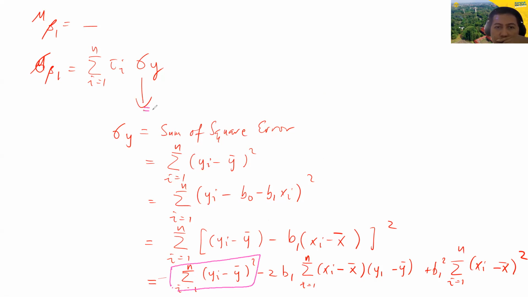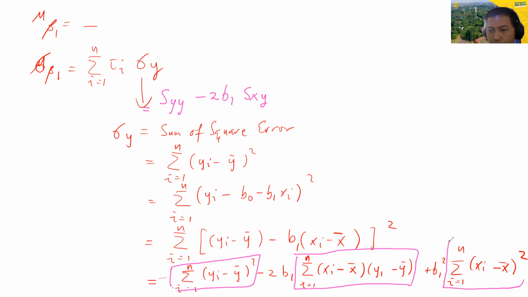At the bottom is the standard deviation of SYY, this is minus 2B1 times SXY, the cross correlation of X and Y, and this one and this one is plus B1 squared SXX.